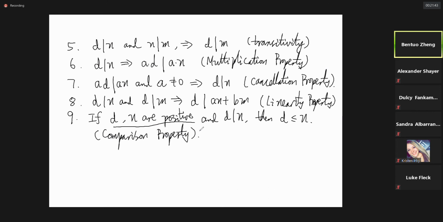Okay, so the first few properties are simple. Let me just prove the last two properties, the linearity and the comparison property. Okay, let's look at the proof of number 8.